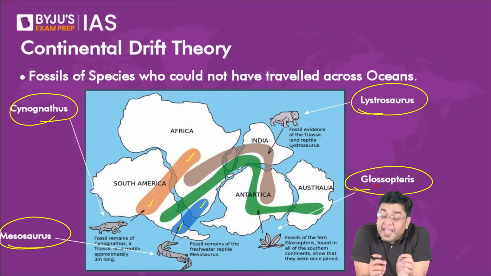So, that again indicated the fact that these species, or this entire landmass, would have been together. And this landmass has since that point of time drifted. In the case of North and South America, they have drifted westward. In the case of Africa, India, Australia, they have moved away from the poles.